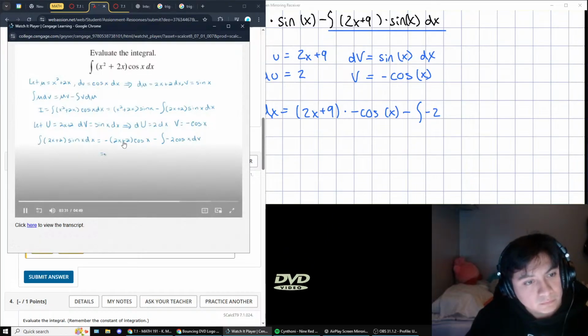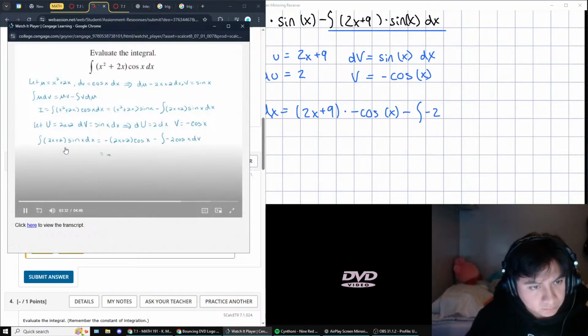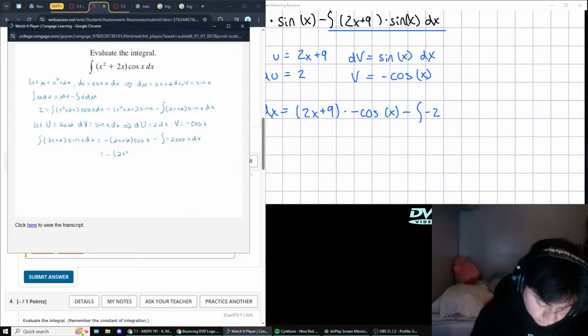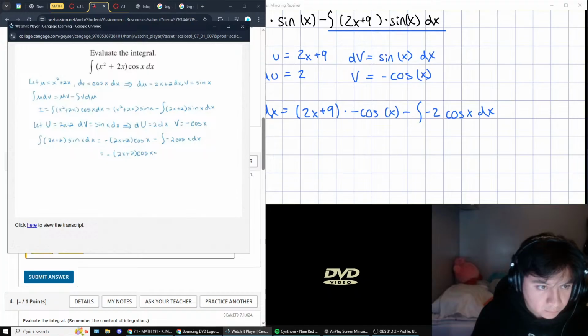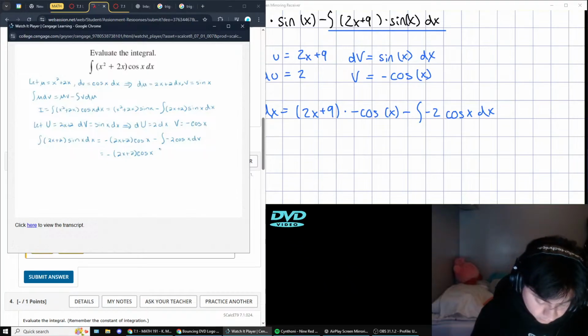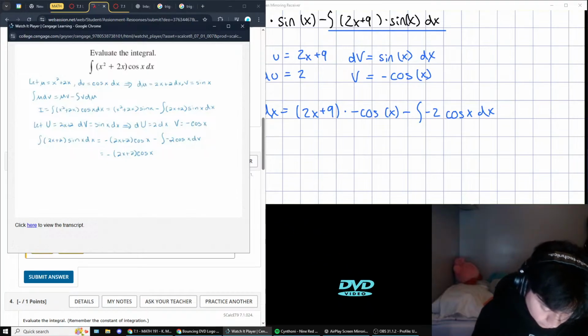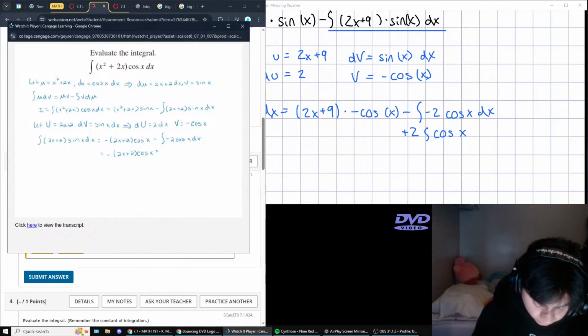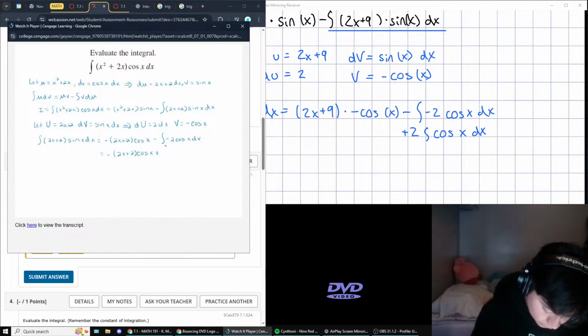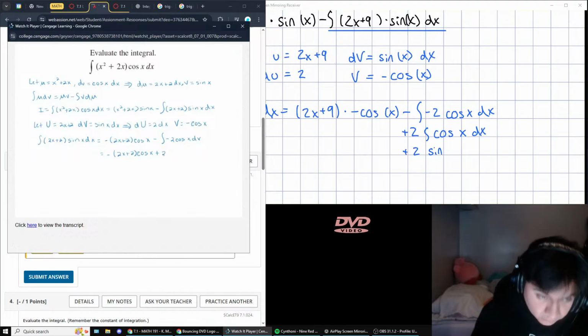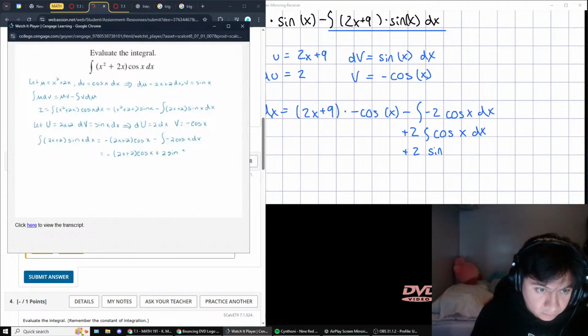And this equals the opposite of 2x plus 2, or negative cosine x. And because we have the negative here and the negative here, we can bring the 2 out here. That makes it plus, and the integral of cosine x is sine x. So plus 2 sine x.